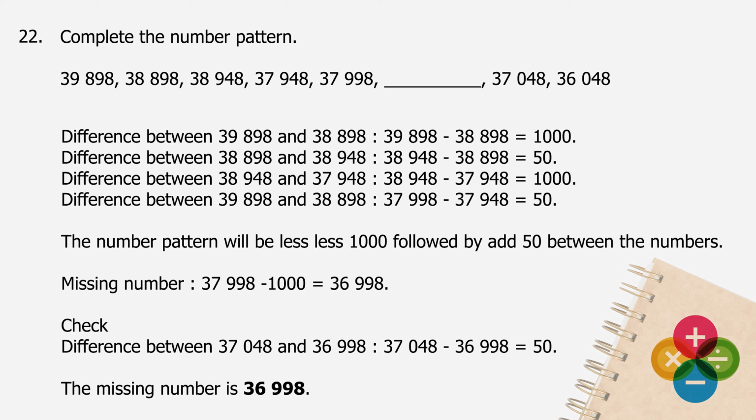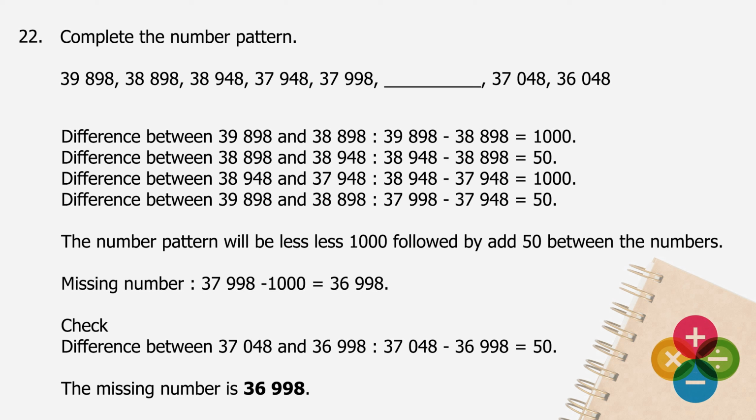The difference between 38,948 and 37,948 is 1,000. The difference between 37,948 and 37,998 is 50.